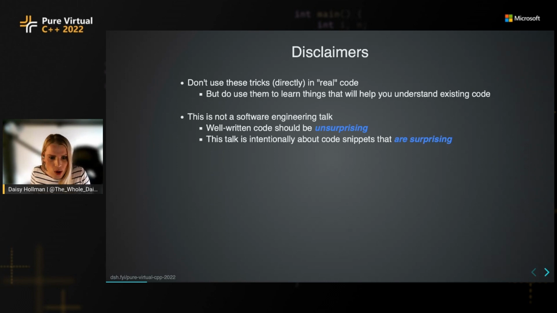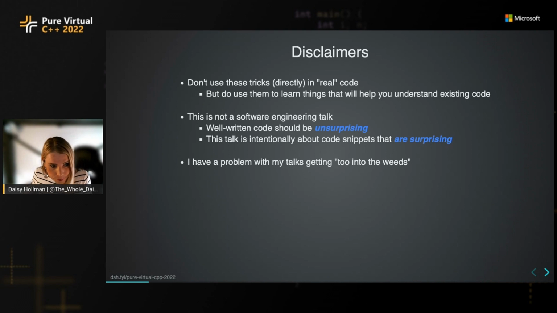Somebody who writes a compiler or has been working on C++ for years will understand the implications of some of these things maybe better than your general audience. So always, always, always write code that should be unsurprising for your audience. Think about your audience when you write code.